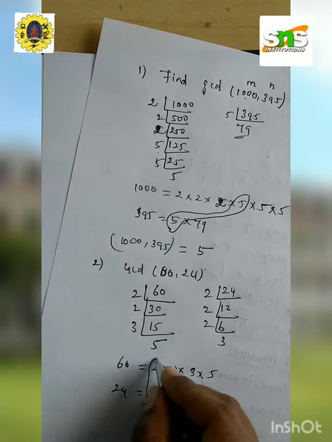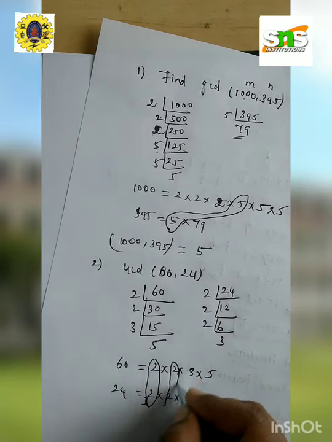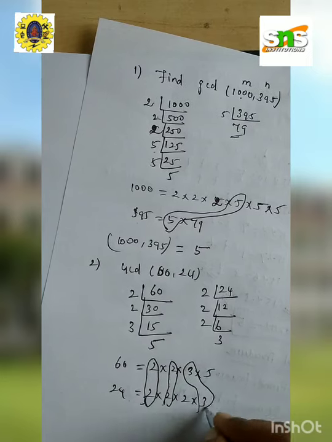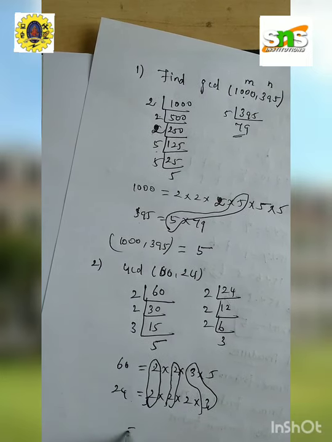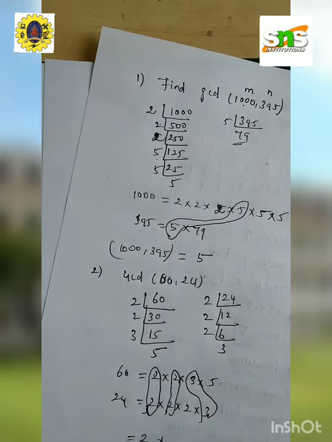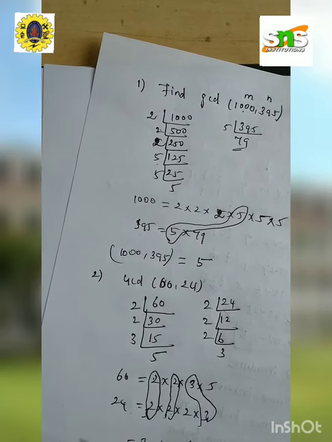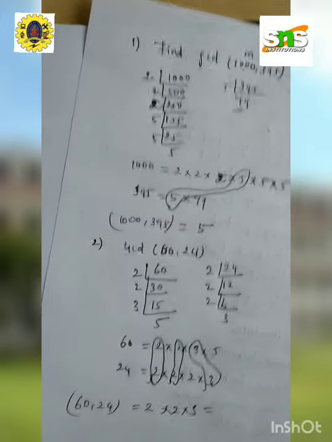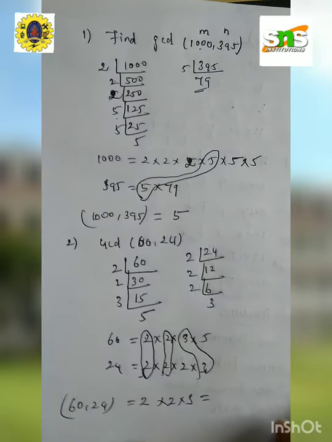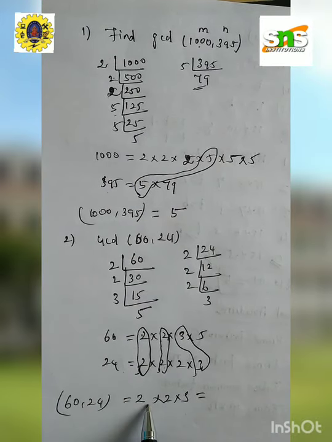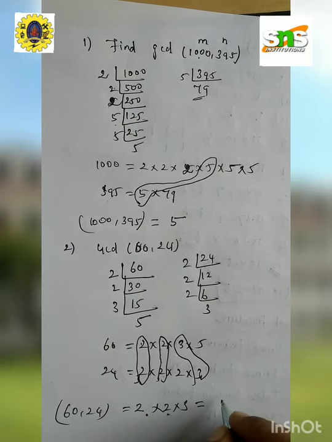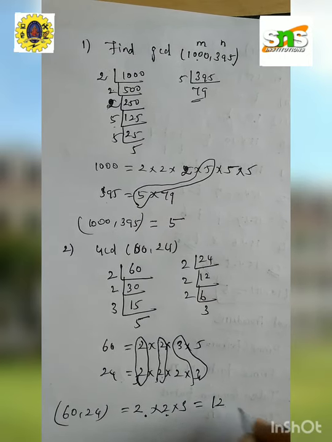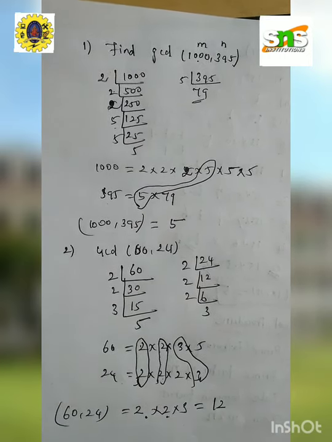Take the common factors here: for these 2s, take only 2 into 2, and this 3, only 3. So 2 into 2 into 3 is 12. The GCD of 60, 24 is 12.